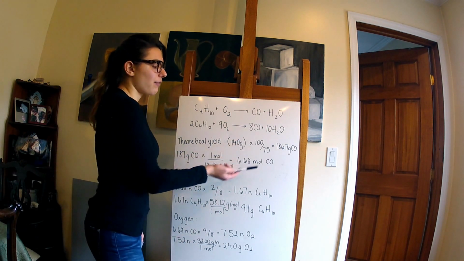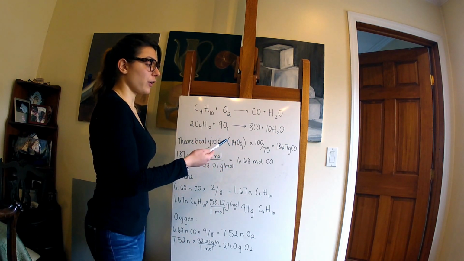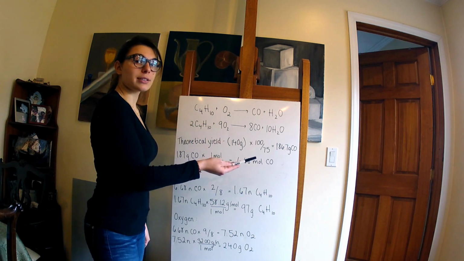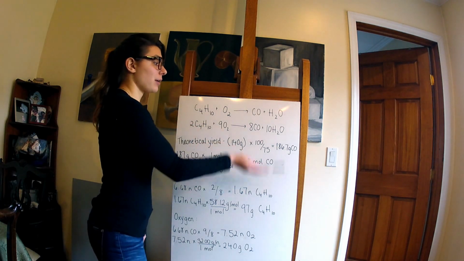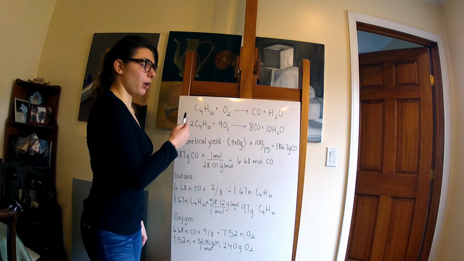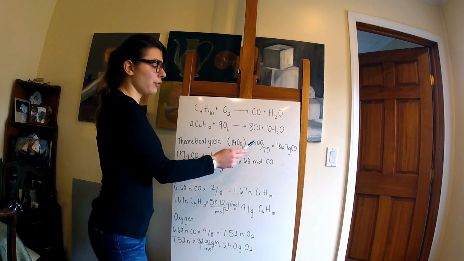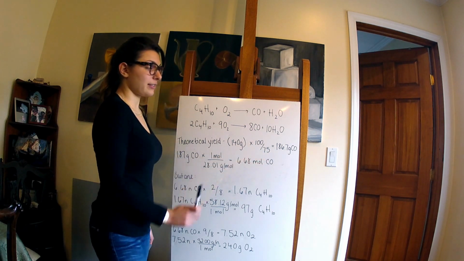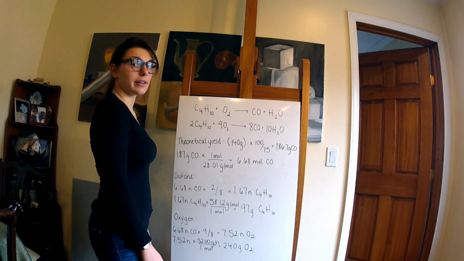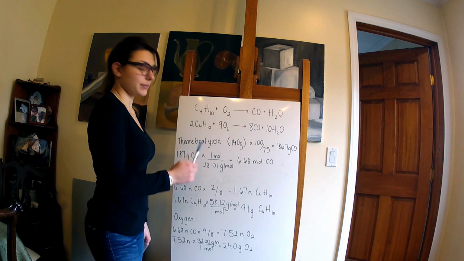Normally we would do 75 over 100, but this time we want to find out the amount we started off with on the reaction side. So you do 140 times 100 over 75, which gives you 186.7 grams of carbon monoxide. That's the theoretical yield.